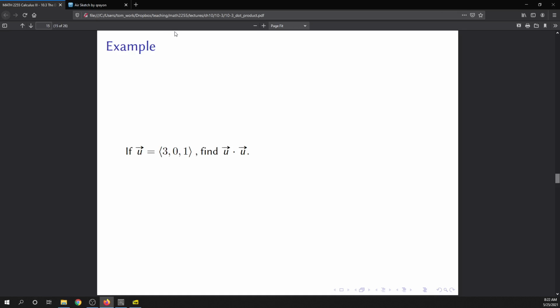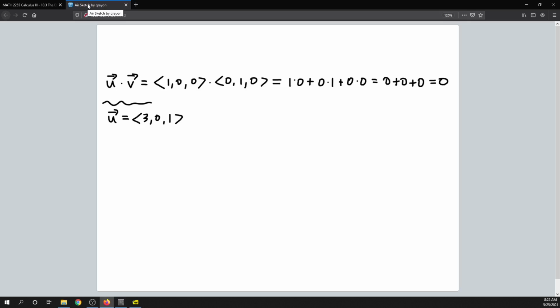All right, in the next example, we did this example previously. In this case, we want to find u dotted with itself. So that's going to be 3, 0, 1 dotted with 3, 0, 1.